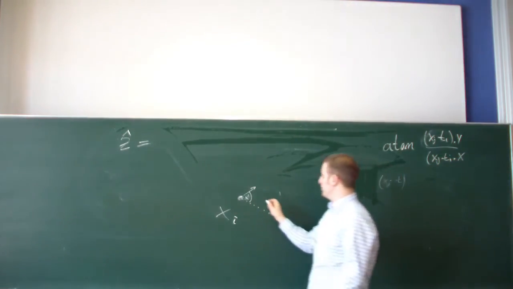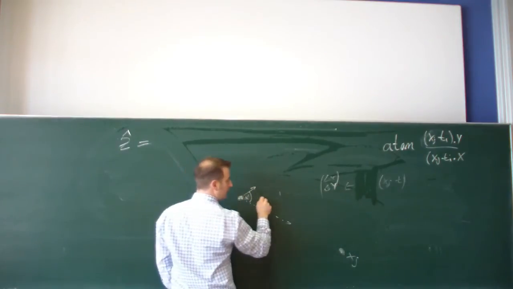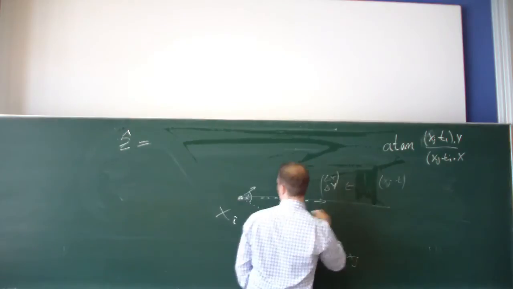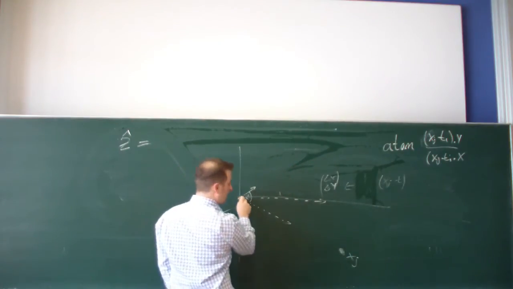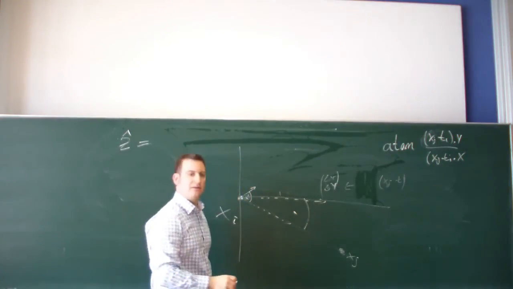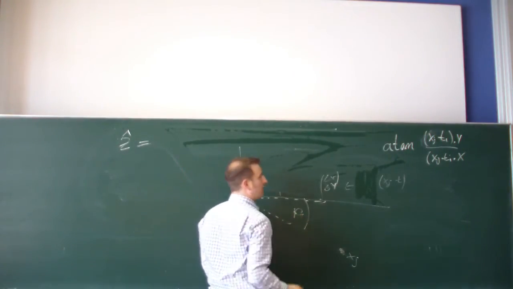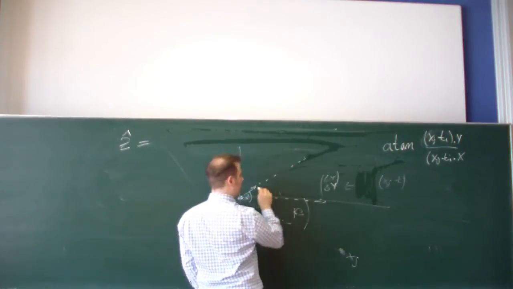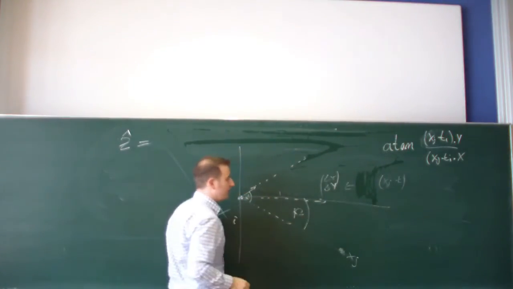This is just the angle in the global reference frame. It gives me this angle over here, and then this is the orientation.